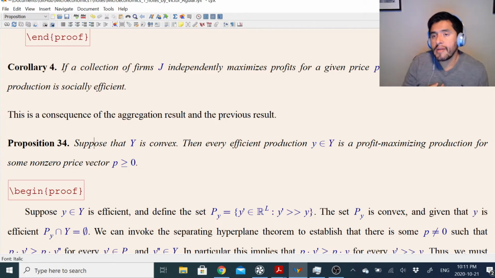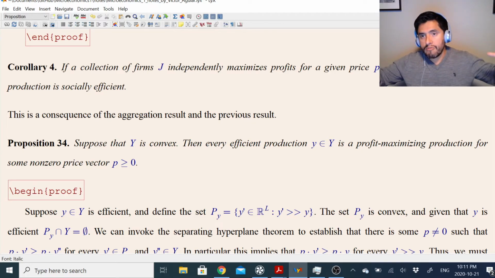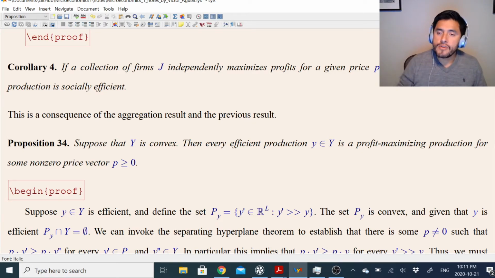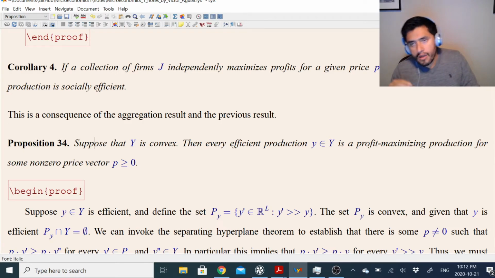So as the government, I can pick a point in the efficient frontier that I like, fix a price, and tell you to maximize profits, and then you will deliver to me the aggregate production plan that I desire. Caveat: I'm going to need that prices for some goods may be zero, okay? But these are not market prices, so I can do it because I'm the government, okay?